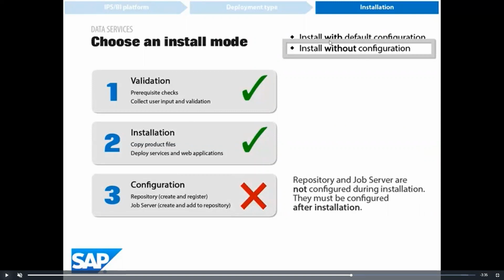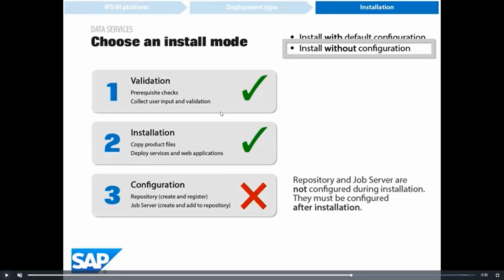If we click on the installation with the default configuration, it will go through. And if you click on install without configuration, then this is not required. This will happen when you are doing it for the second time. If you want to install when there is already a system, this step can be ignored, because we have already configured the job repository and the job server the first time during the installation.